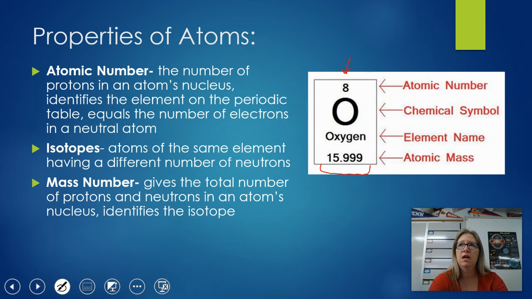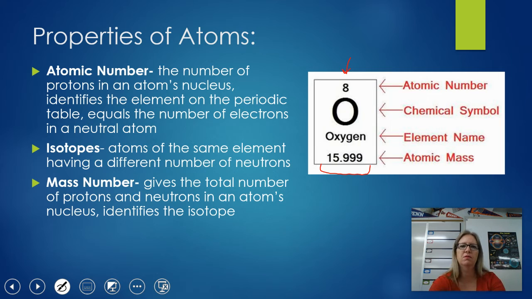So for instance, carbon 12, that's not the atomic number. The atomic number of carbon is 6, but carbon 12 tells us that there are 6 protons and 6 neutrons. If I had carbon 13, still 6 protons, but now there's going to be 7 neutrons. Okay, and so on and so on.